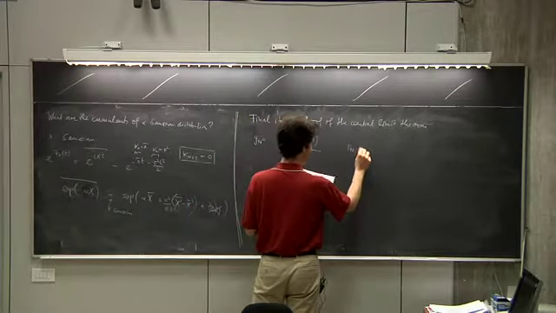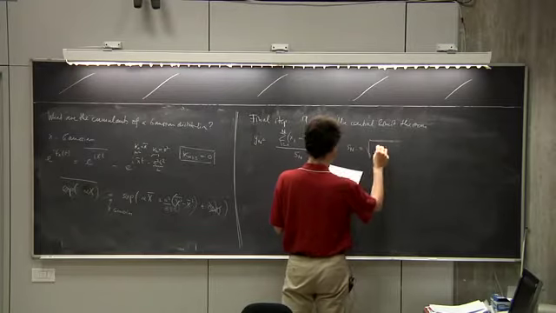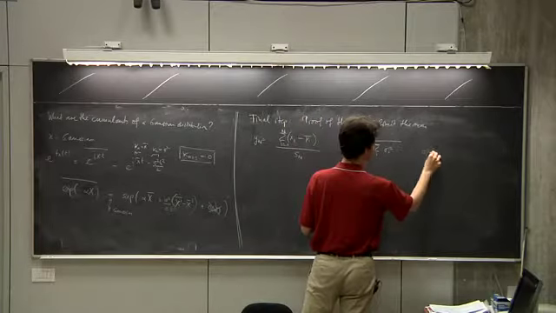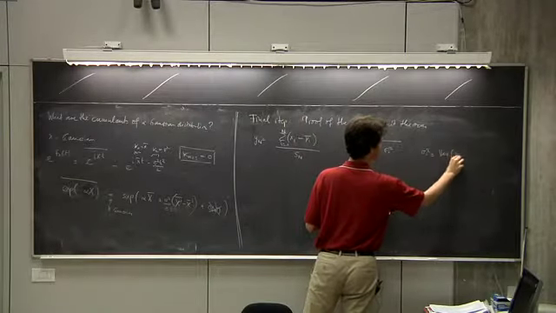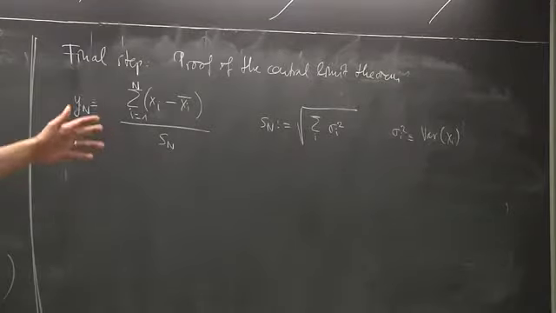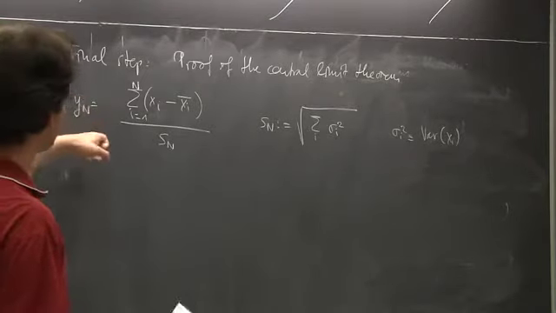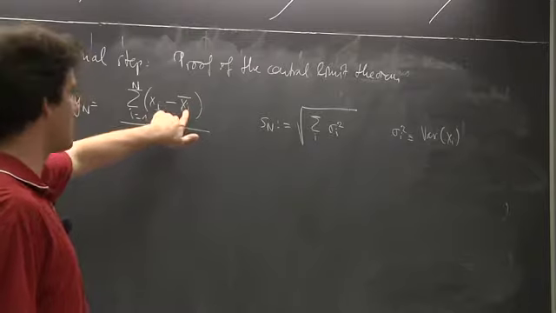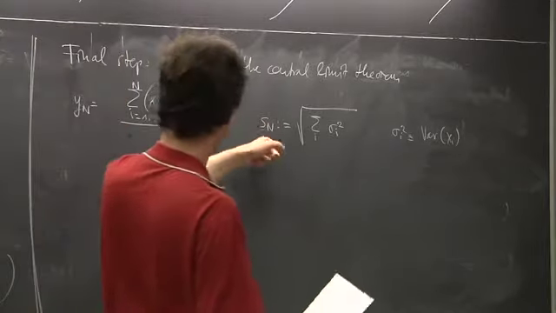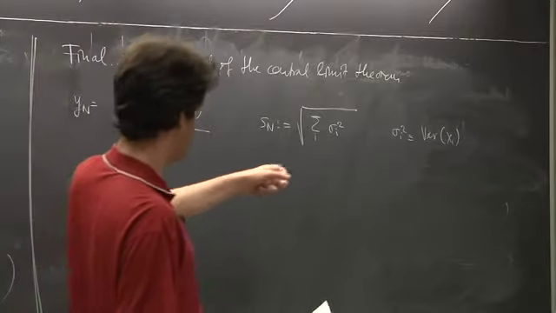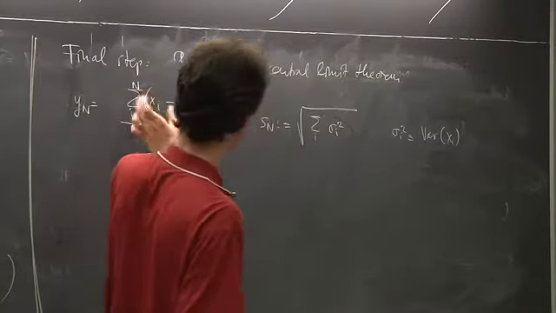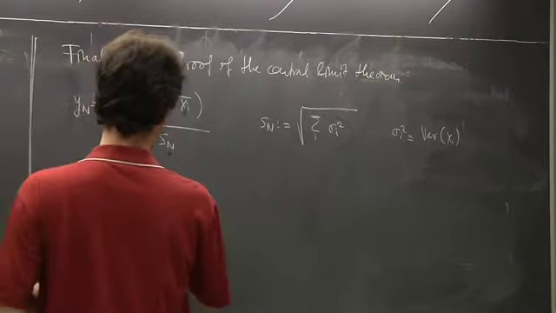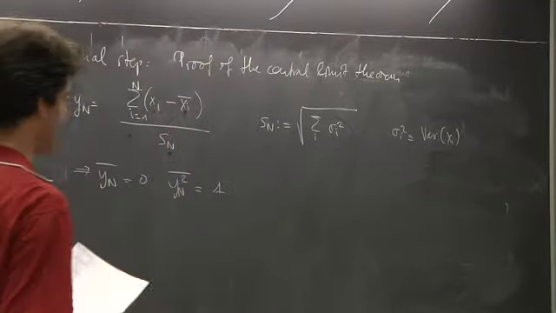Sn is, by definition, the square root of the sum of the variances, sigma i squared, where sigma i squared is the variance of xi. So that's the thing that I told you in the beginning. You standardize your sum: you subtract the average, and you normalize by the fluctuation of that variable, the standard deviation of this sum. So this thing has zero mean, and it has a variance which is 1 by construction.